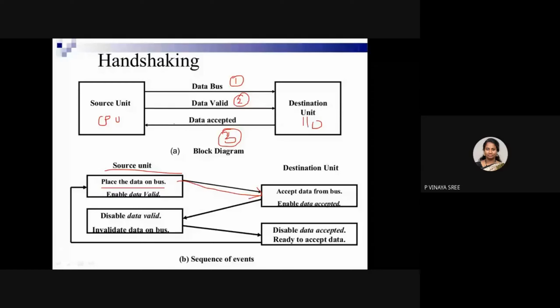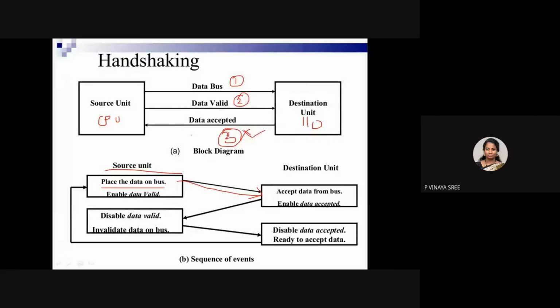In this case, what was missing in the strobe is this third one. Both are the same: the source places the data on the data bus, and instead of a data valid signal there is a strobe signal. But in the handshake, the destination gives a reply that the data has been accepted.